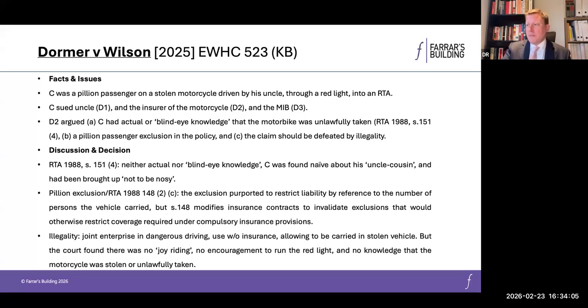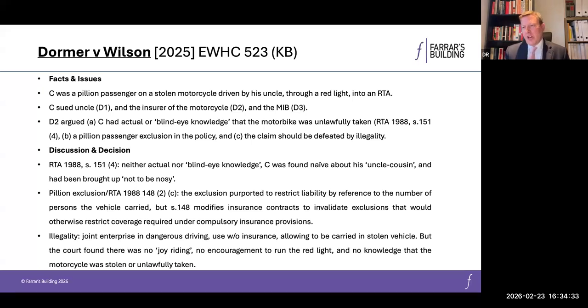He had a lot of trust in him. And also, it was found as a fact on the witness evidence that he hadn't asked about the provenance of the motorcycle at all, because his mother had brought him up not to be nosy and not to ask people questions. That was accepted as the factual reality by the court. So no knowledge for the exclusion in relation to stolen vehicles to work against the claimant's claim.